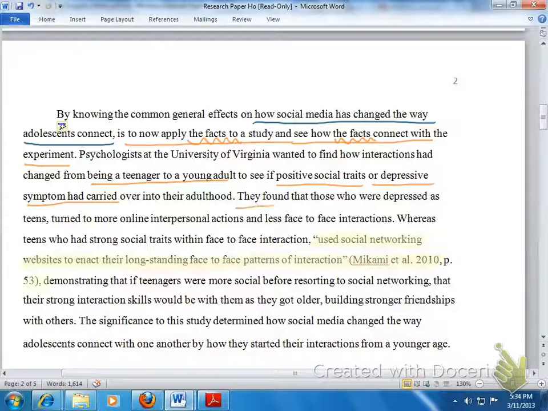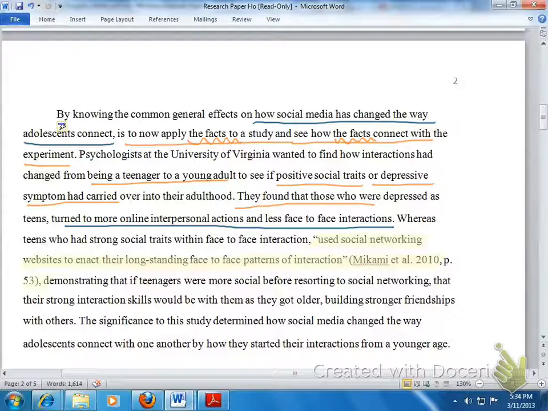They found that those who were depressed turned to more online interpersonal actions and less face-to-face. Now, this is probably important stuff. That's probably going to be key to one of their pieces of evidence and to their argument. But it's still signaling summary words.